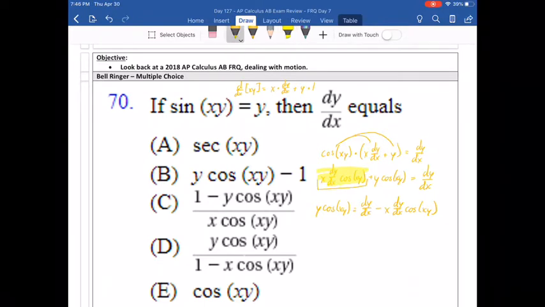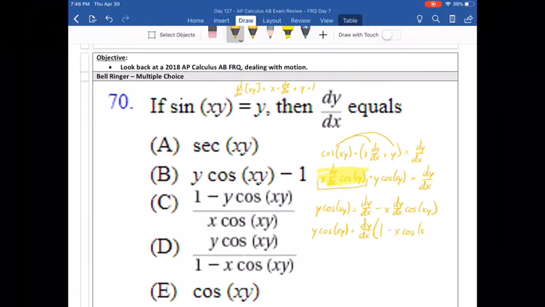That's why we have minus x dy/dx cosine of xy. The reason we get the dy/dx terms on one side is that now we're going to factor out a dy/dx term. By doing so, we're left with 1 here, and then x cosine of xy, and there you go.